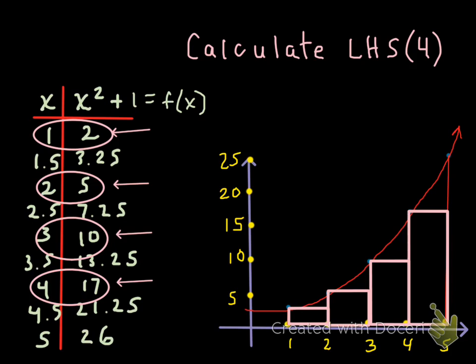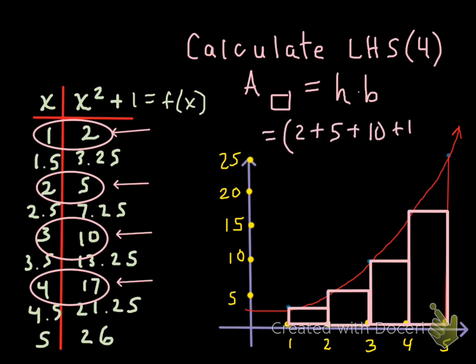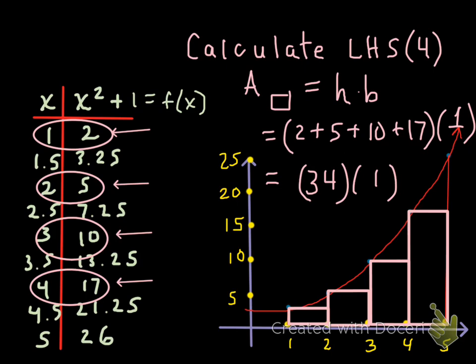Each rectangle has a base length of 1 and height determined by the outputs from the table. So again, to figure out this left-hand sum, I have to add up the area of these 4 rectangles. Well, the heights are 2, 5, 10, and 17, and the base of each of these rectangles is a simple 1. So I do the math and get 34 times 1, which is 34.